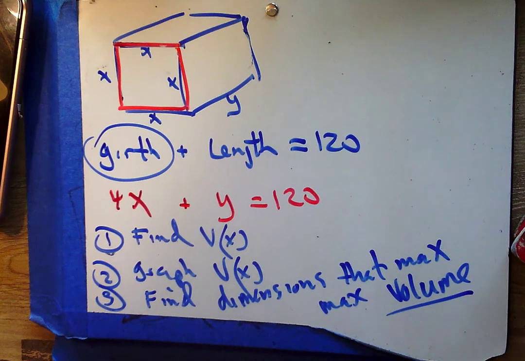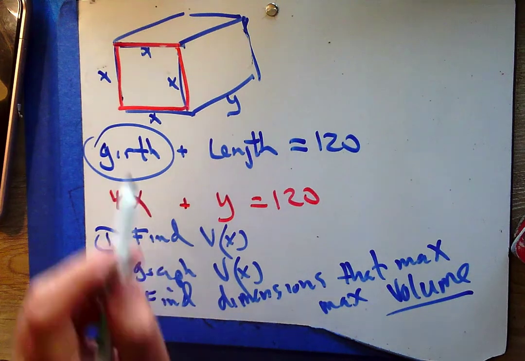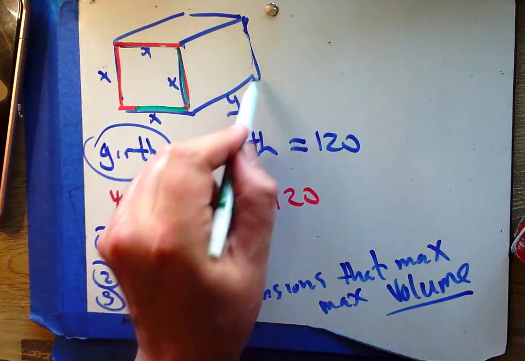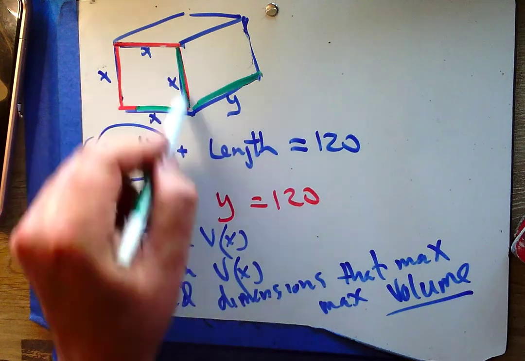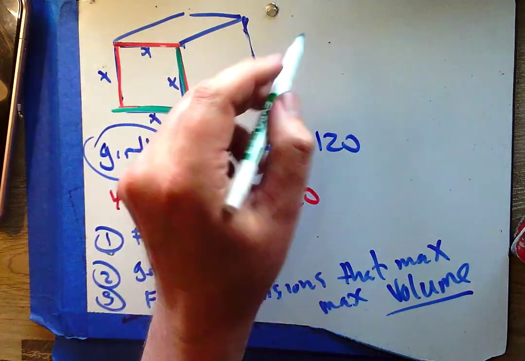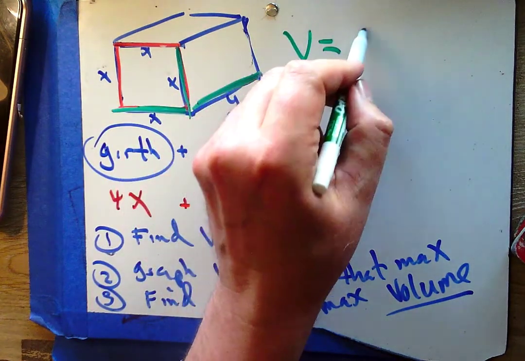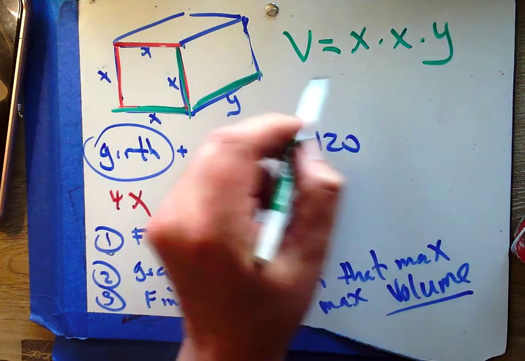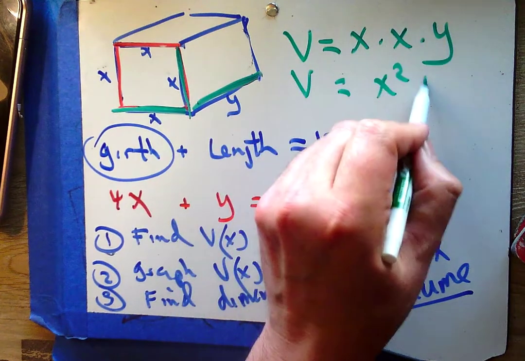So now I remember from middle school, Mrs. Rowan taught me in the 7th grade that the volume of a box like this is length times width times height. I don't care, you just got to multiply them all together. So v is x times x times y, or v is x squared y.